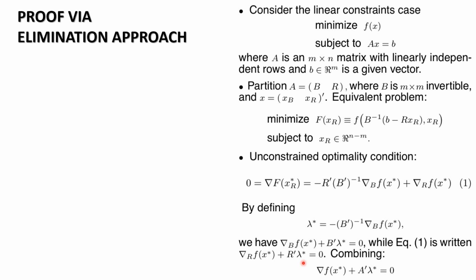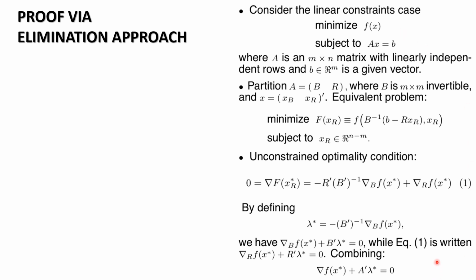So combining this, we'll receive such a correlation: the gradient of function f at the point x star plus the transpose of matrix A multiplied by the Lagrange multiplier is equal 0. And this is exactly the Lagrange multiplier optimality condition for minimizing the function f of x subject to Ax is equal b.